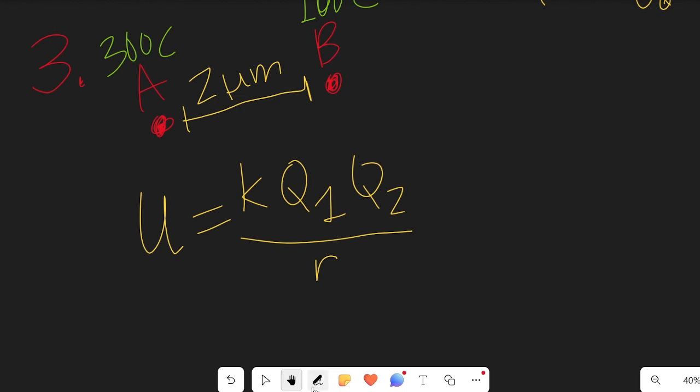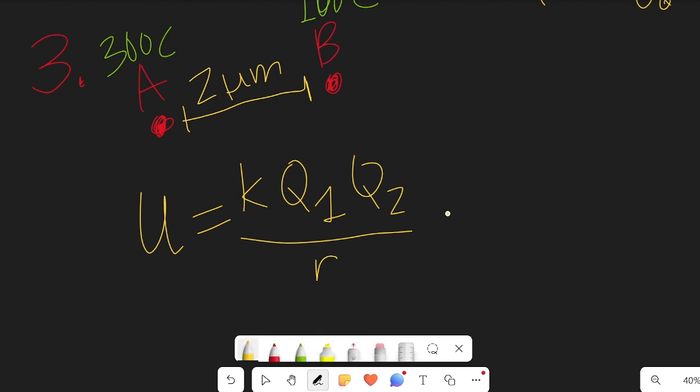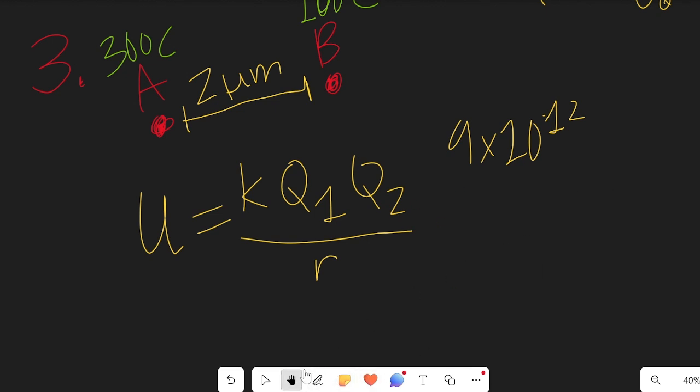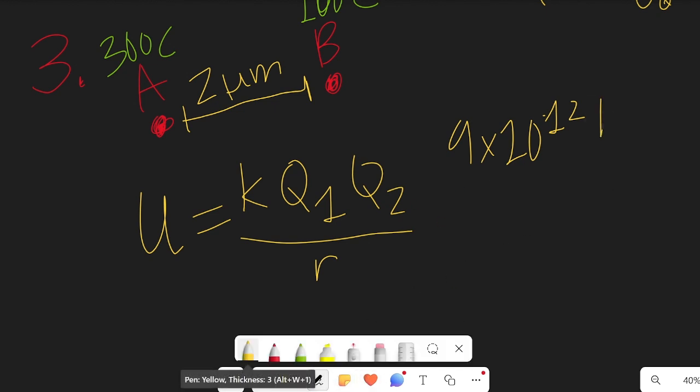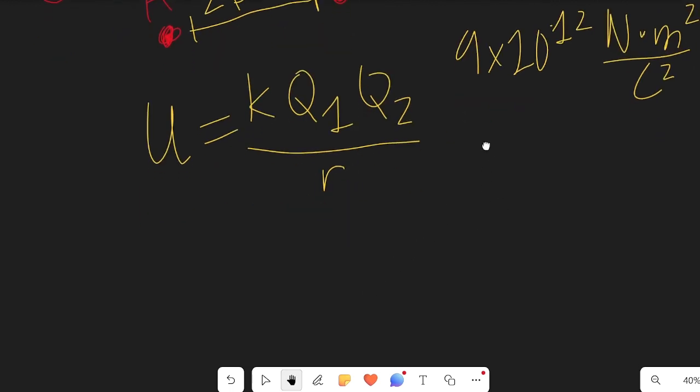And with this, let's assume the K is 9 times 10 to the 12 Newton meters squared divided by Coulomb squared. So now all we have to do here is once again plug in values.